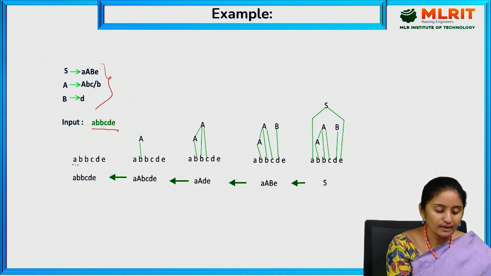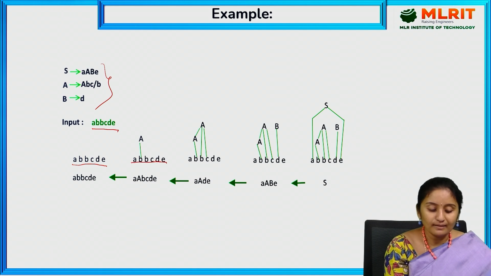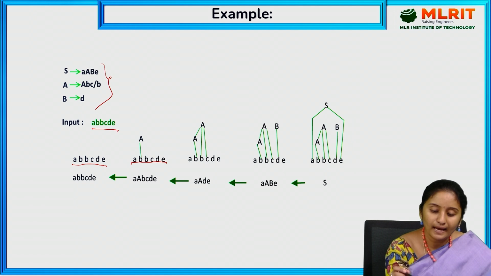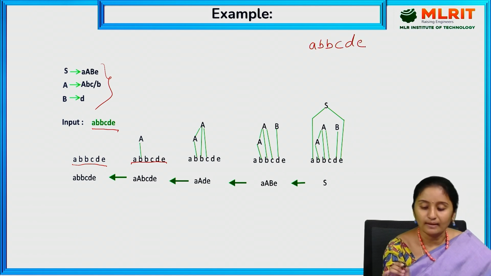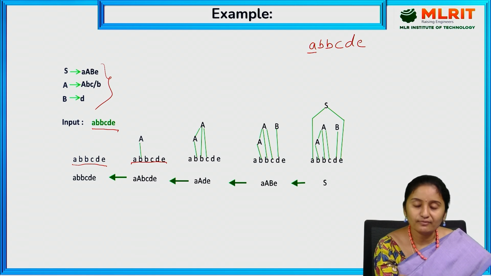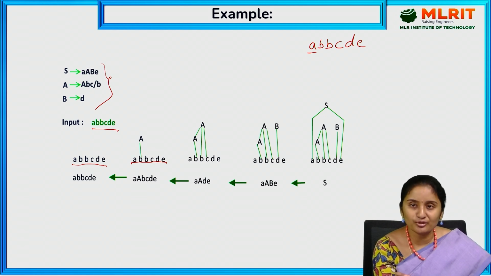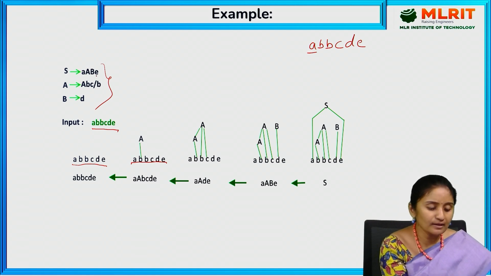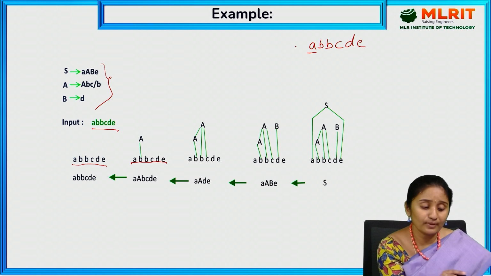So let me check A B C D E. We are going to start from the leftmost. Let me check A. Is there anything, can I handle A from the given grammar?